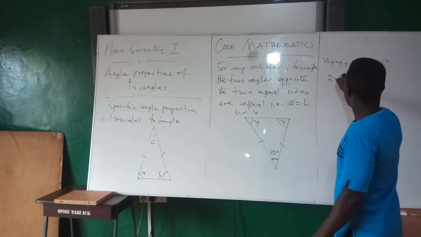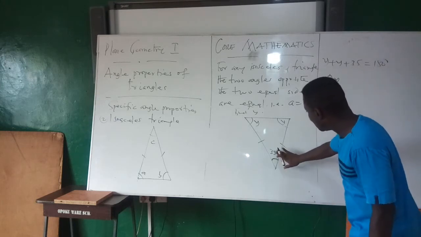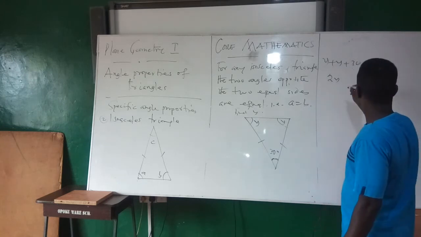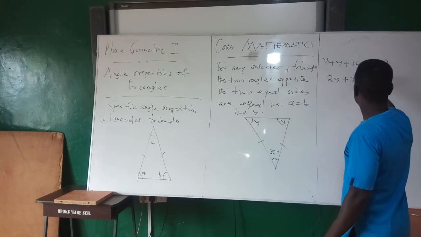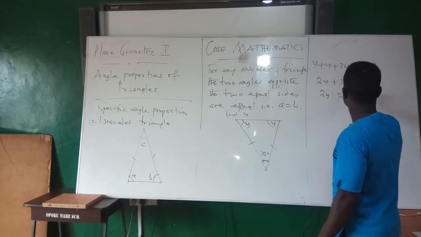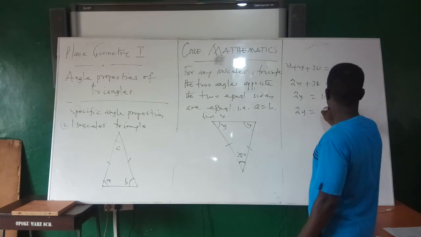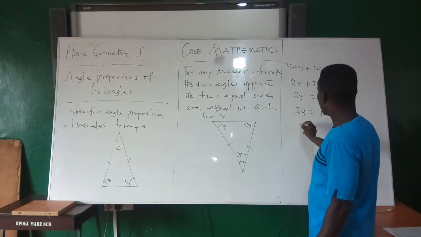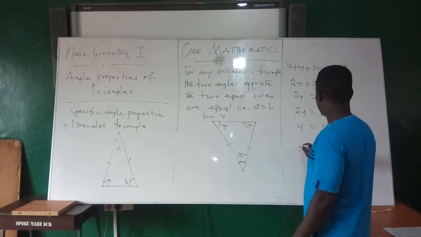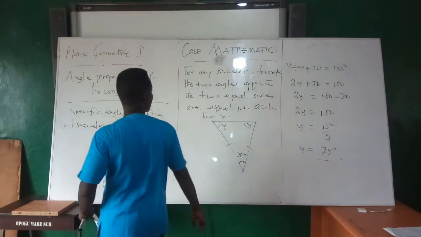So I have 2y plus 35 equals 180, so 2y is equal to 180 minus 35. 2y is equal to 145... so my y will be equal to 150 divided by 2, which means I have 75 degrees. So y is 75 degrees.